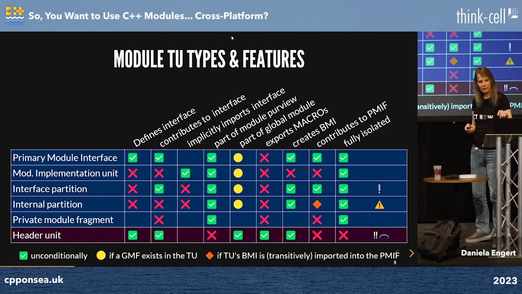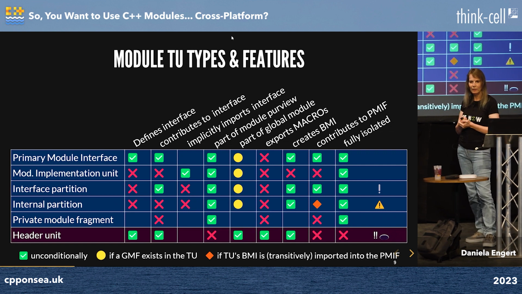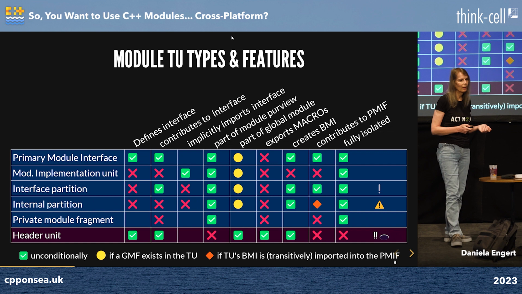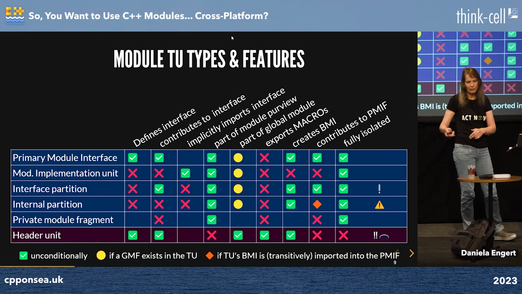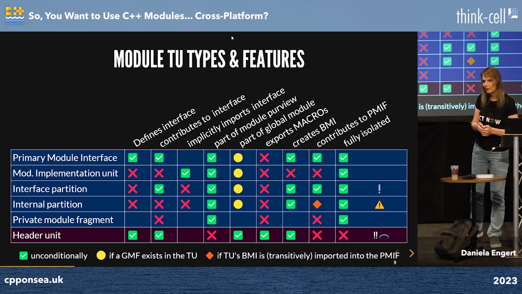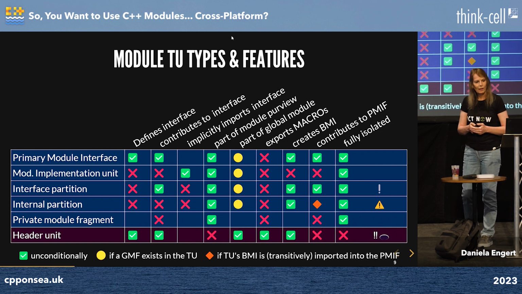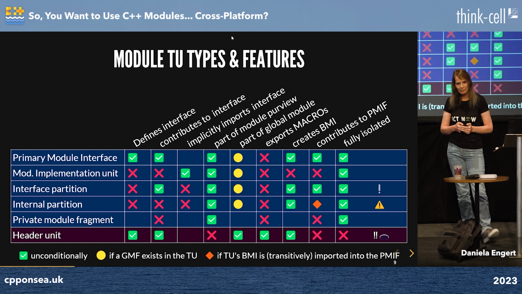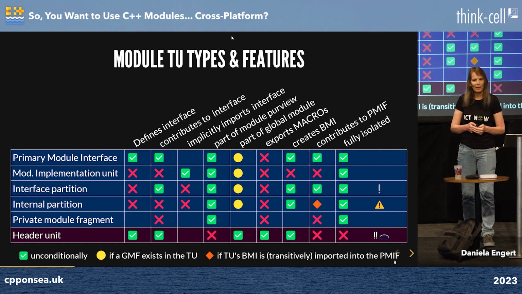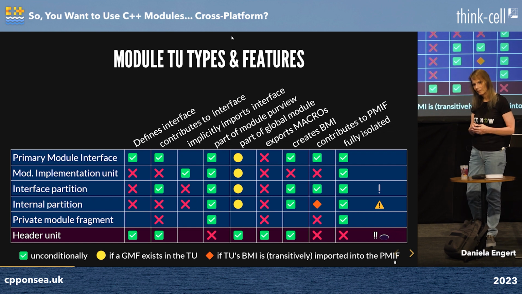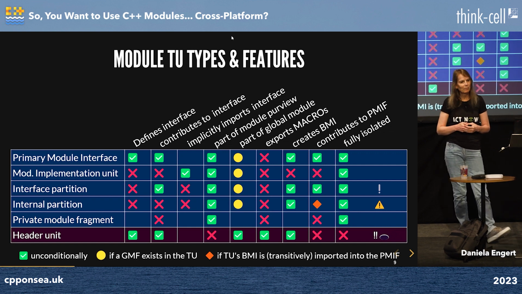In contrast to that, we also have things called header units, which is just a header compiled up to compilation stage 7, and then will emit a BMI like the other module translation units do. But the difference is header units belong to the global module. Header units export macros, and you can't architect it. Everything that has external linkage becomes part of the interface of a header unit. There's no way around it.